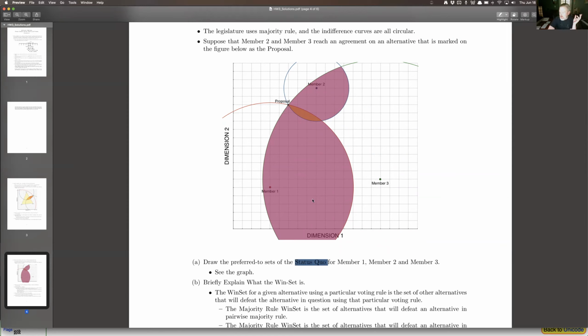So I will fix that and re-upload it. No one got it wrong because of that, and I think one person at least pointed out to me that they were assuming that the proposal equaled the status quo, and they were correct. Sorry about that. This is homework 3.